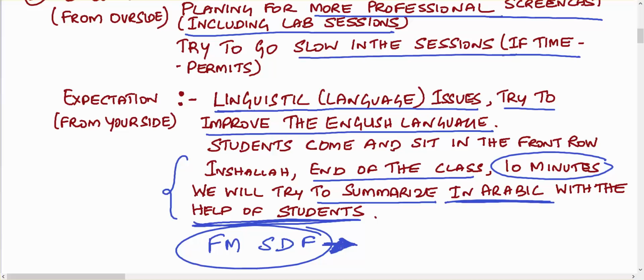So these are the solutions we are providing from our side, but we need your cooperation and expect you to respect the teachers and cooperate with us. And one more suggestion I can give: students who have difficulty in understanding the lecture can come and sit in the front row.